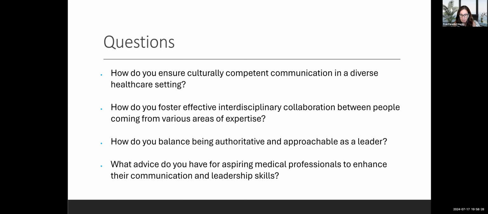Okay. But what can a leader do in addition to that? And so simply putting people together on a team or sticking them in a room or sending them off to the same Zoom meeting is not going to translate into success. And so I always make a point to ensure that my expectations, my objectives are very, very clear.